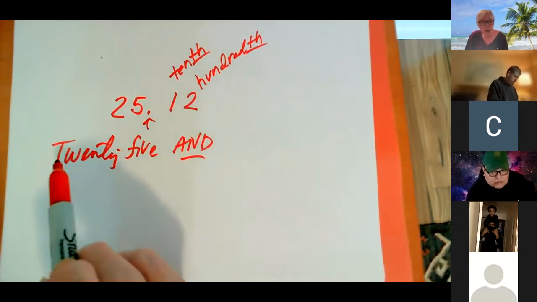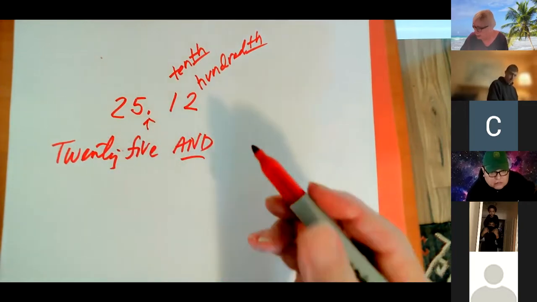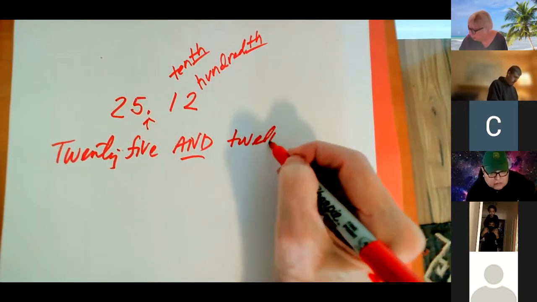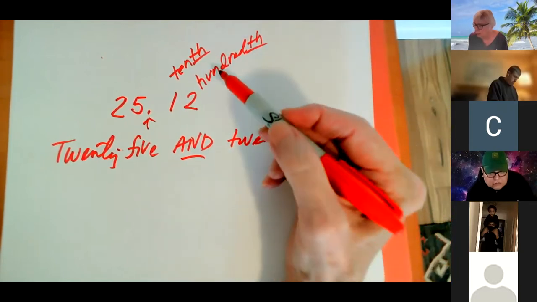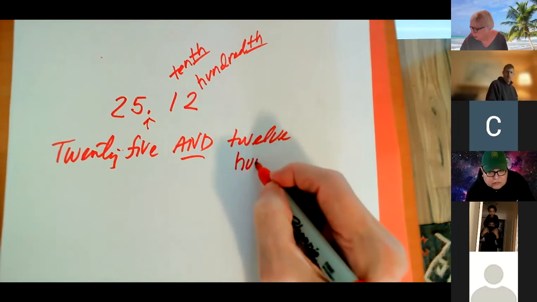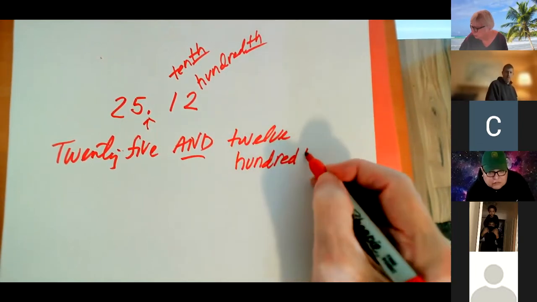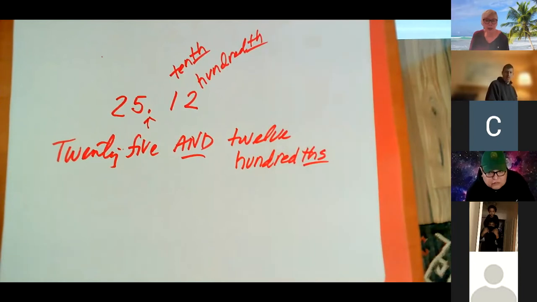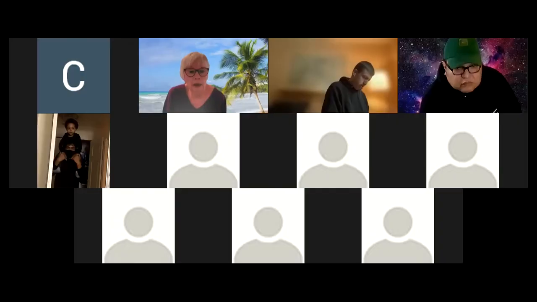So this would be read 25 and 12. And you tell the place that the last number's in. This is 12 hundredths. And if you forget the TH, you're going to be marked wrong because that's the only difference there. So let's try this one, 3.